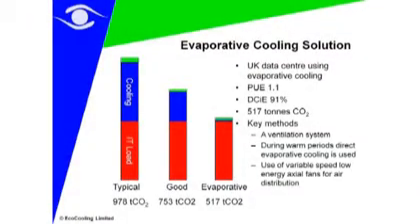So what can we do to improve things? If we use a ventilation system and use evaporative cooling instead of refrigeration, then it is technically possible to achieve a PUE of 1.1. That's an incredible level of saving, and in some cases, you know, it looks too good to be true.